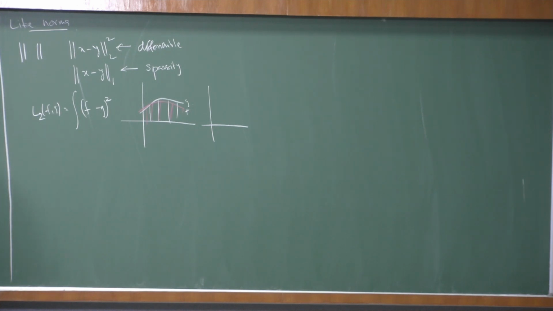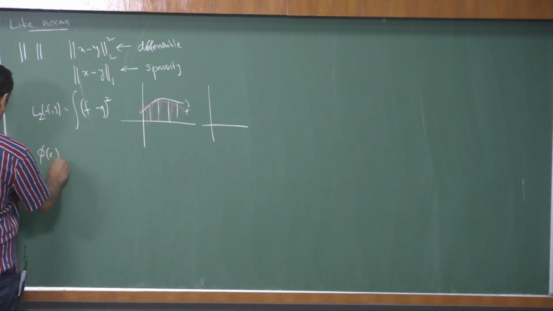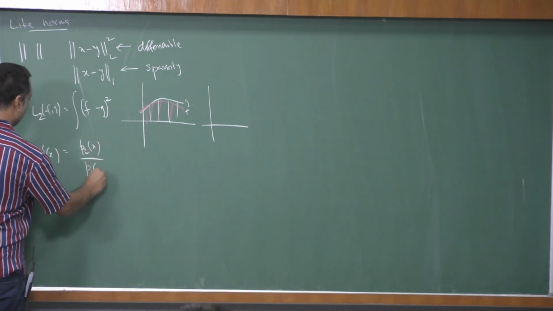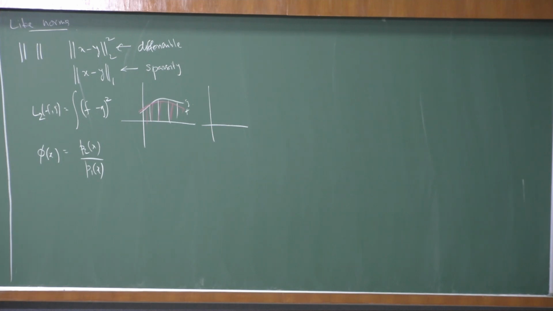So one of the ways in statistics that people look at is the ratio, or sometimes you can call it the likelihood ratio. Rather than looking at the difference, they like to look at the ratio. If they match, then phi x will be 1.